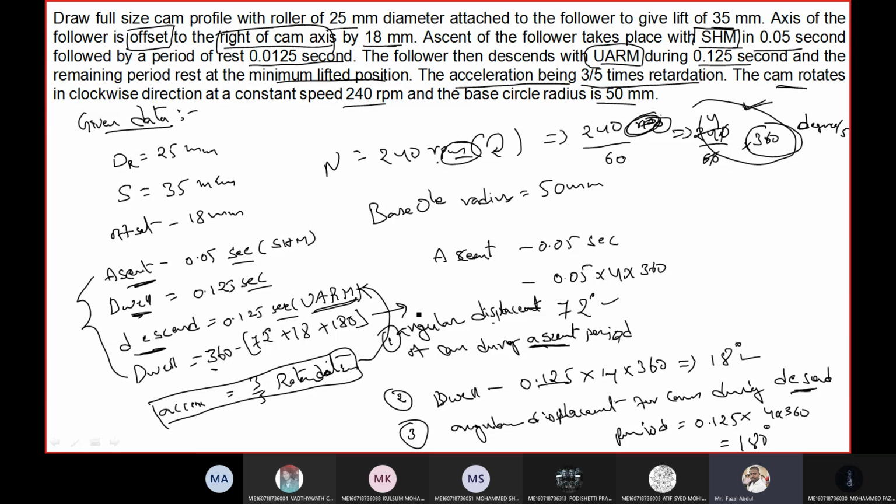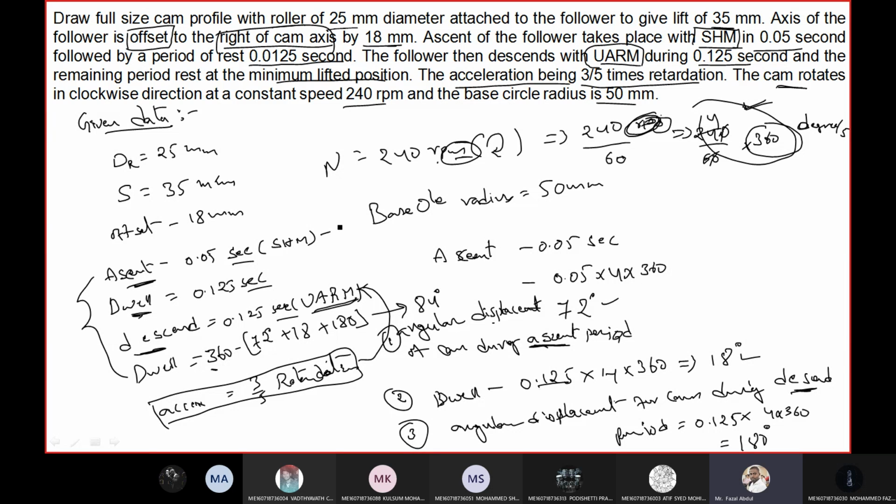Total 360 minus, 72 plus 18 plus 180, 270 minus 360, it is 84. Last remaining is 84 degrees.